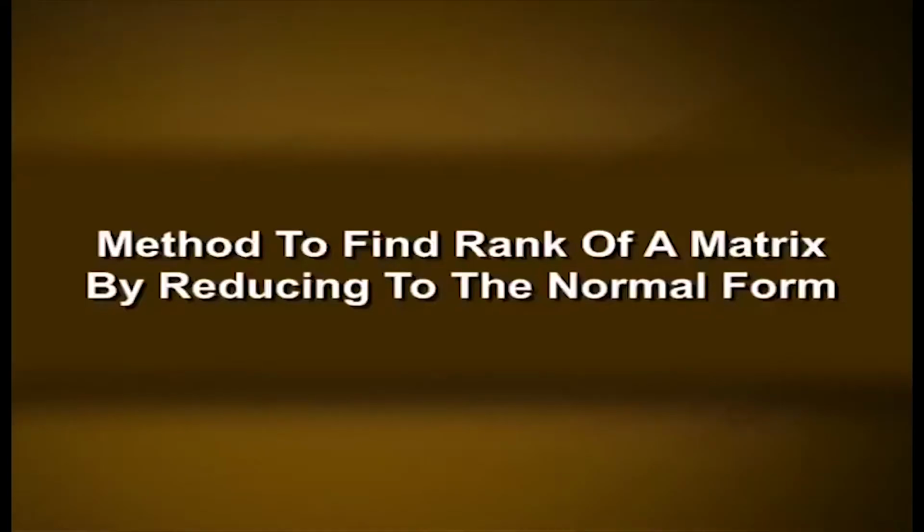Method to find the rank of a matrix by reducing to the normal form. We use the following theorem in the determination of rank of a matrix using normal form. Theorem 3. If an m by n matrix A can be reduced to any one of the forms Ir 0 0 0, Ir 0, Ir 0, Ir by a finite sequence of elementary transformations, then the rank of A is r.